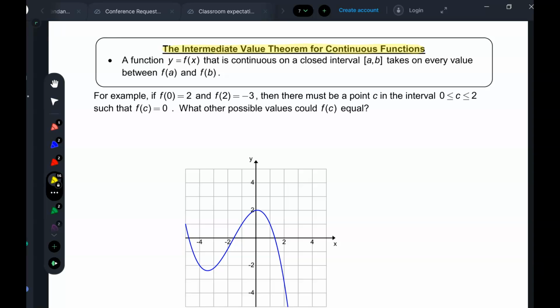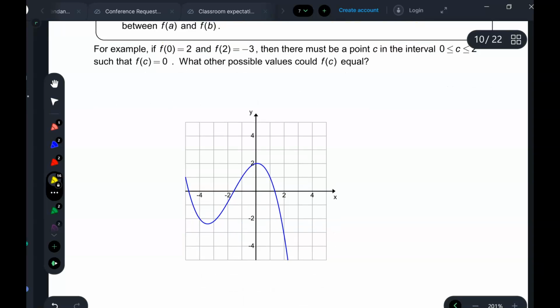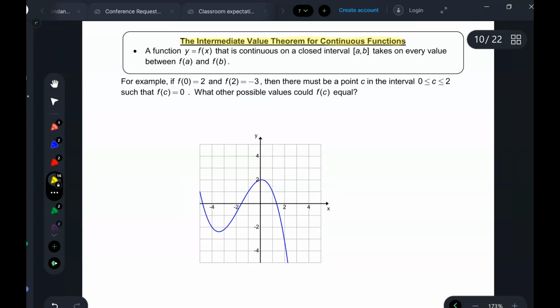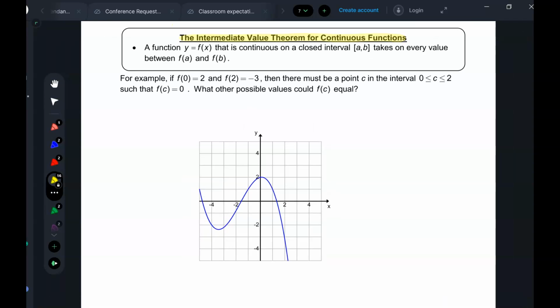So intermediate value theorem just basically says if I have a point down here and a point up here and it's continuous, it has to take on all those values in between. It could go past them, but it has to have y values in between. So, for example, if I have f of 0 equals 2, so I have a point here, and f of 2 equals -3.